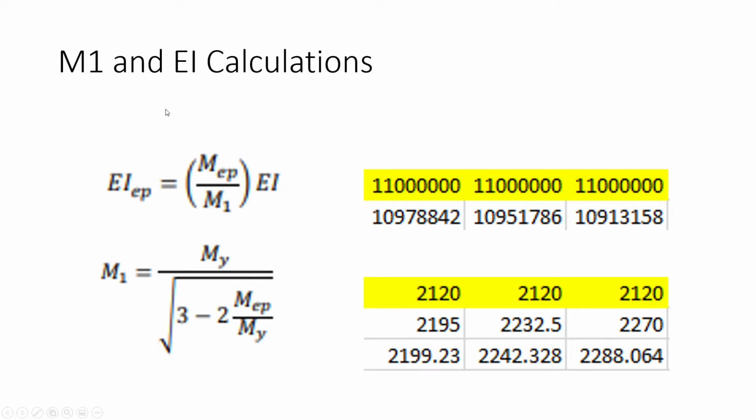Right here is how we calculated our EI and our M1. So this is just an example. Again, this is the MEP that I got calculated from the last one, and this is our yielding. What I was saying earlier is when I use 10.5 as my load increment, this number was already just blowing this one out of the water.